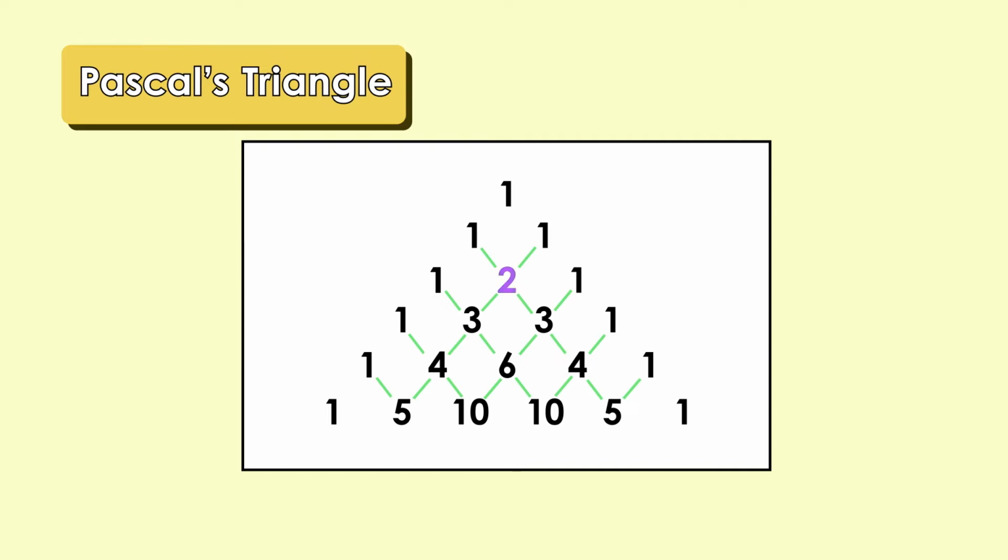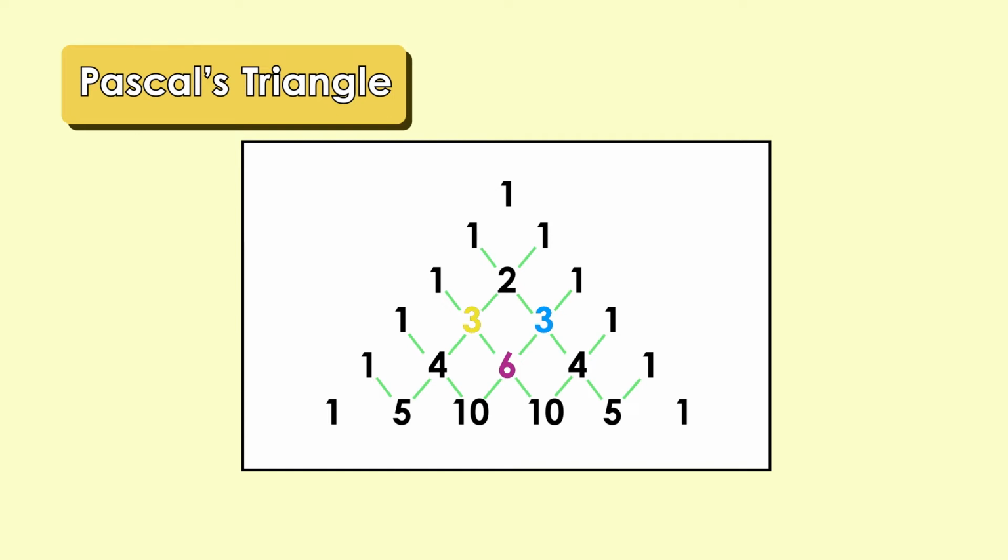The number 2 in row 3 is found by adding the two numbers 1 in row 2. Likewise, the number 3 on the fourth row is found by adding the number 1 and 2 from the previous row. Number 6 is found by adding the two numbers 3 from the previous row.